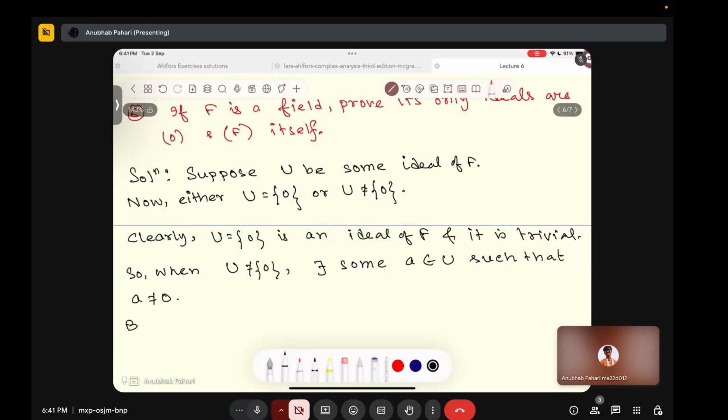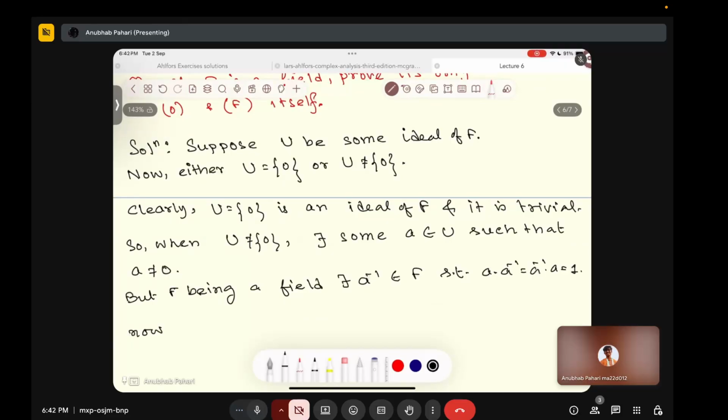But F being a field, there exists a inverse belongs to F such that a times a inverse equals a inverse times a equals 1.